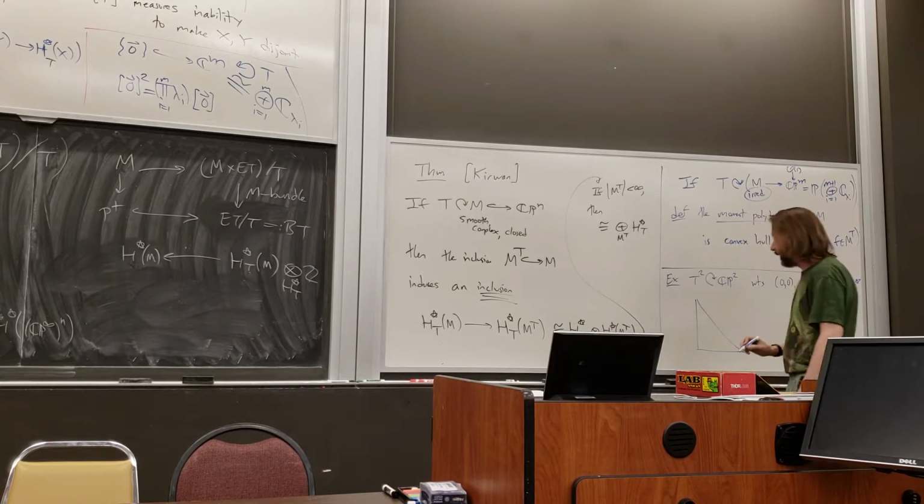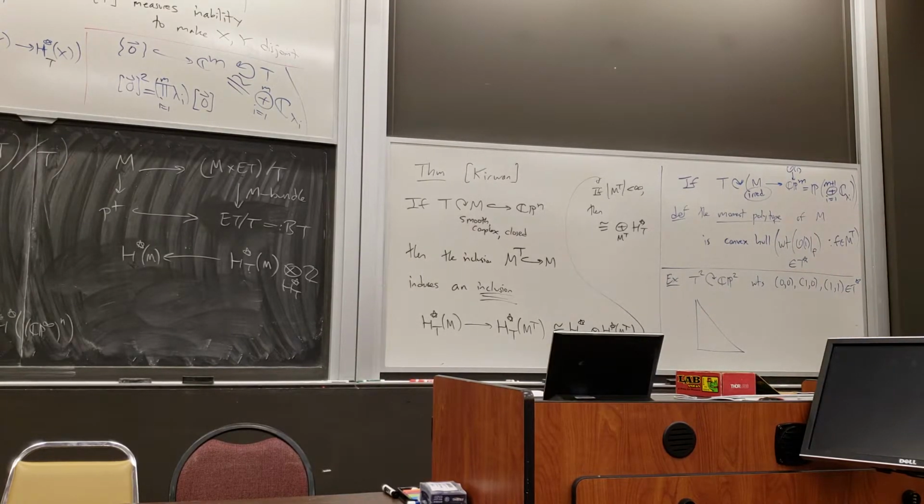So here's that convex hull, and this convex hull lives inside T dual tensor the reals. If you want to actually connect these up, T dual itself is only an integer lattice. Let's consider the class of CP1, and I want to be more specific.